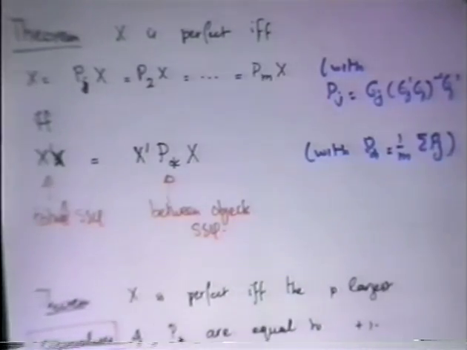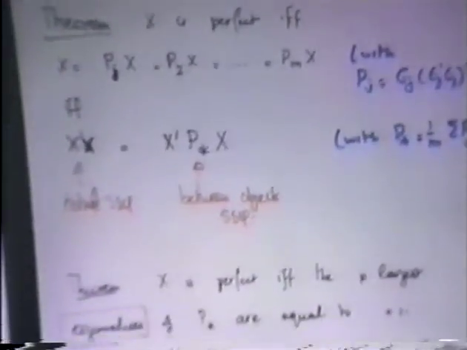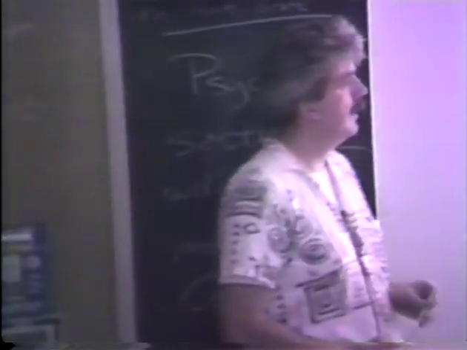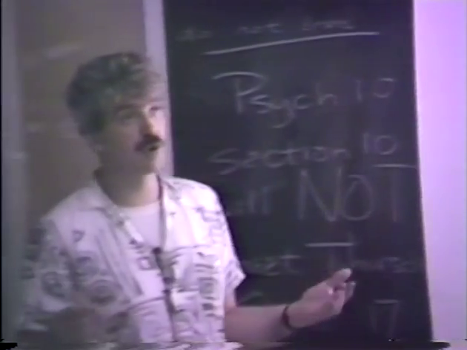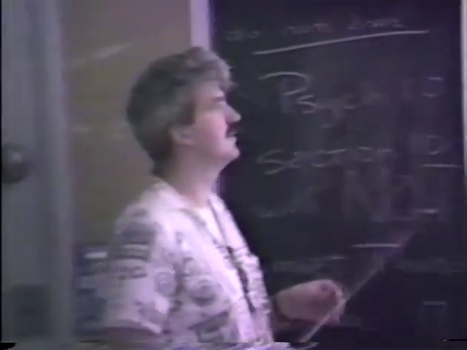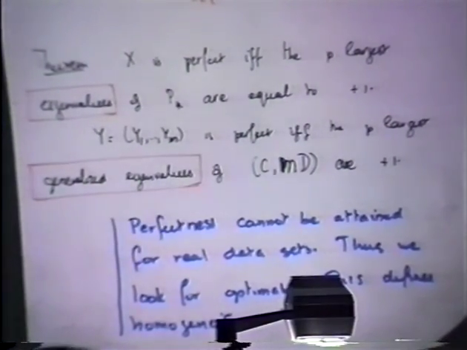So what we're actually doing is we're translating these logical concepts into matrix algebra, and by this translation process, we're getting closer and closer to something which can be used to define optimal homogeneity instead of perfect homogeneity. Another way of putting it, which is even closer to optimal homogeneity, is that X is perfect if and only if the P largest eigenvalues of P star are equal to +1.